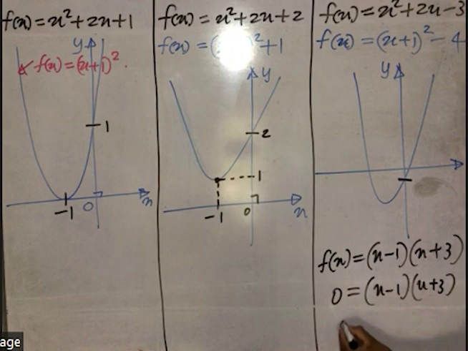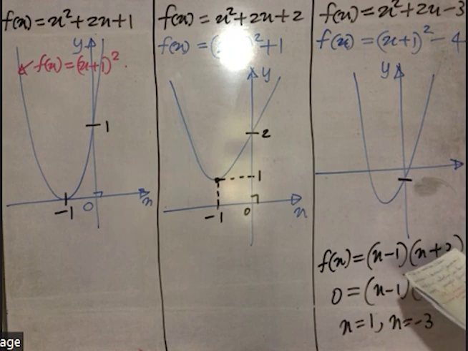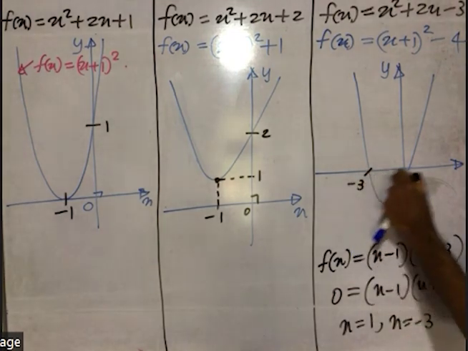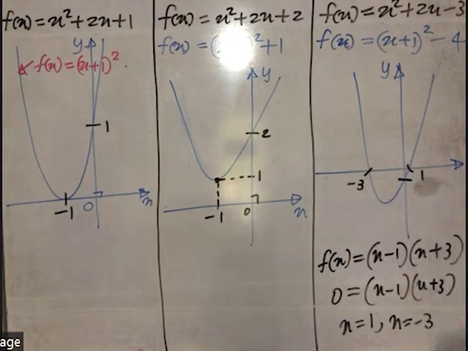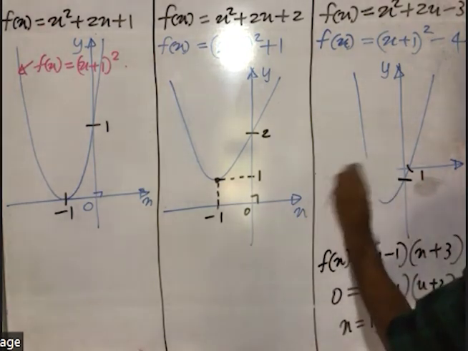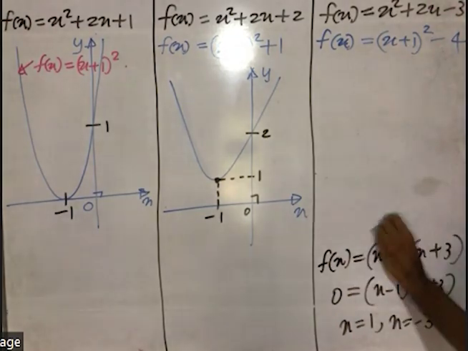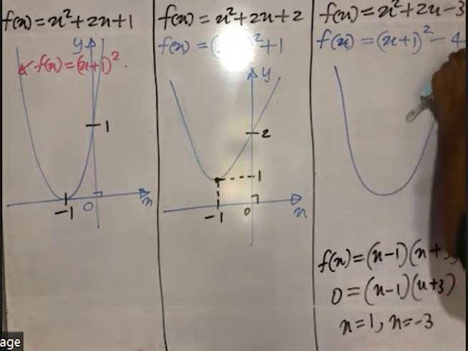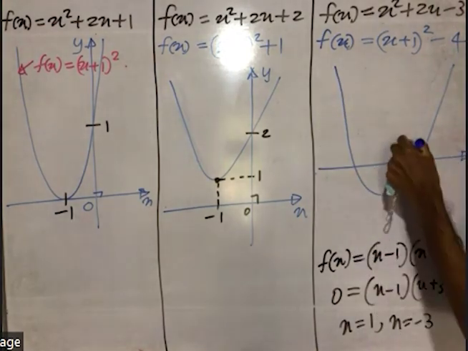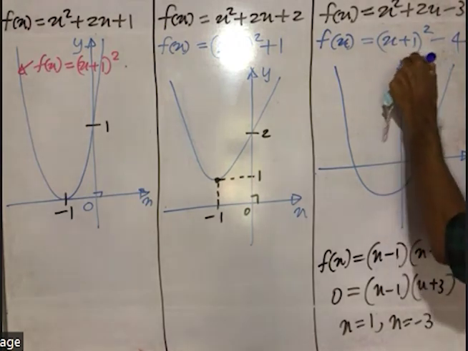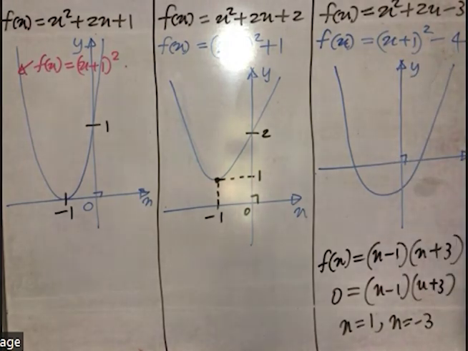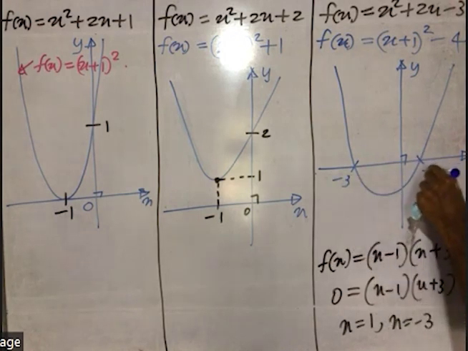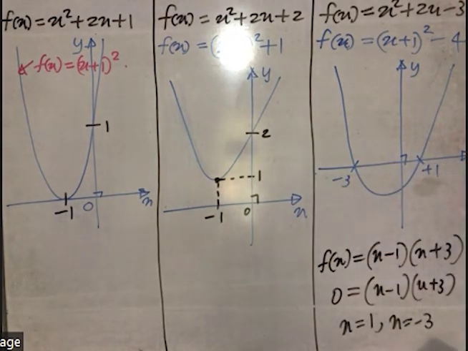That means there are two answers, x equal to 1 and x equal to minus 3. Right? So here minus 3 and here plus 1. I will draw this graph again. Those are the two intersection points of this graph.